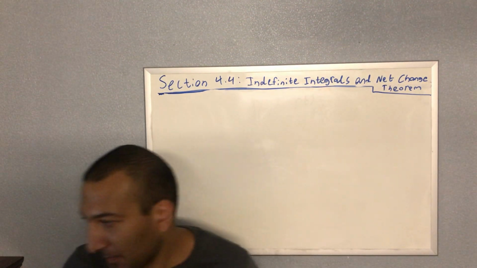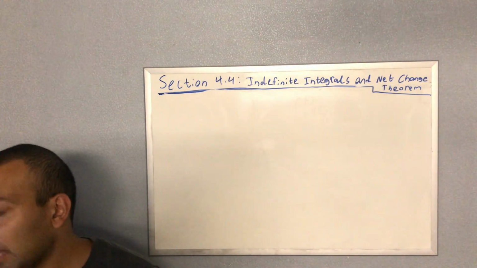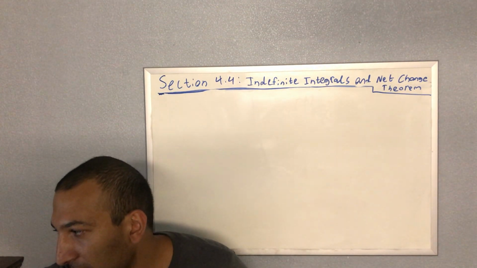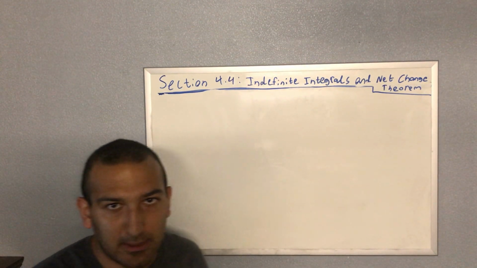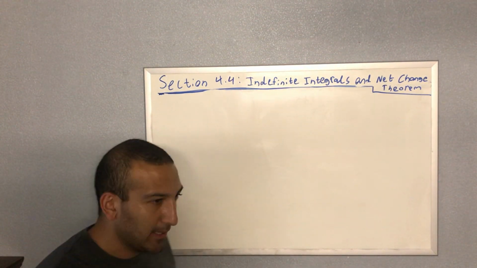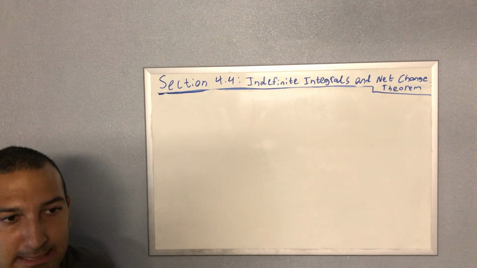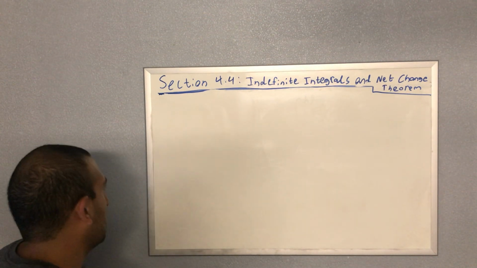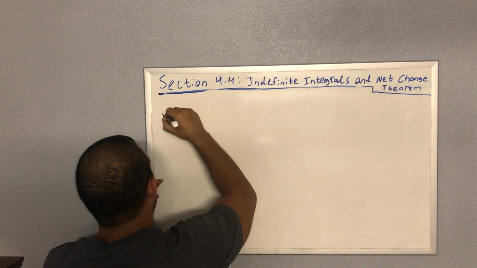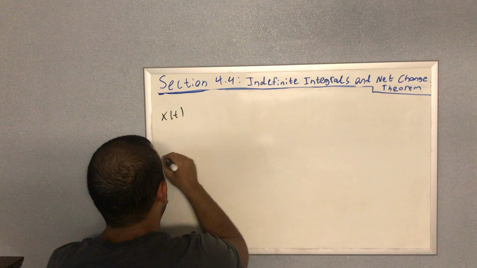Okay, so to move on to another topic, we already talked about how velocity and position play into this as well. So we had the example of a runner, and x of t was the position of the runner.